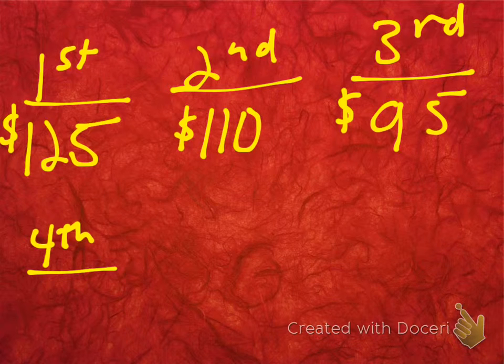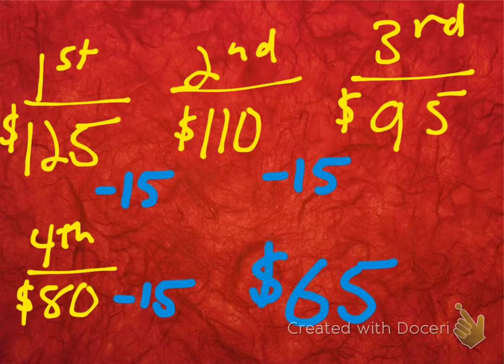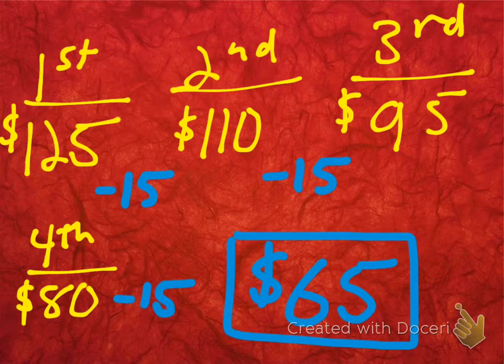Fourth place, $80. Guys, what's happening every time? Every single time it's going minus 15. So what do you think is going to happen after the fourth place? 80 minus 15 is $65. There you go.